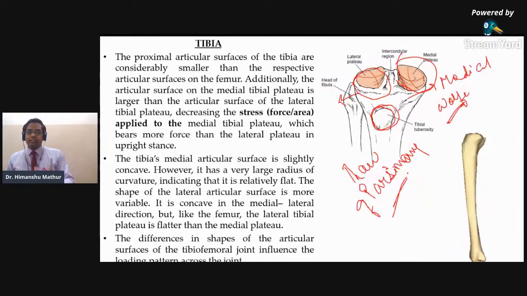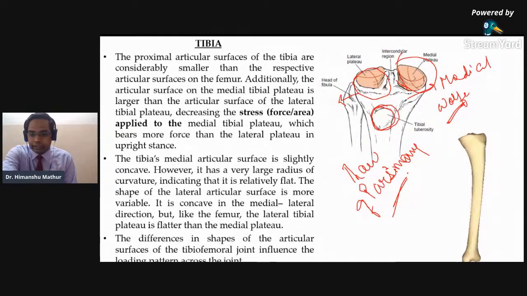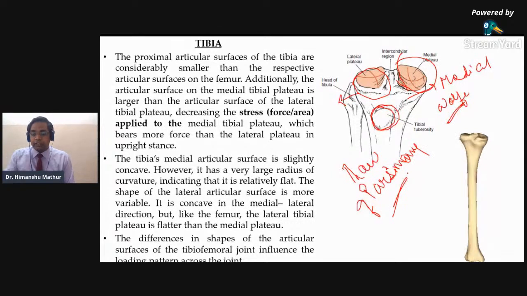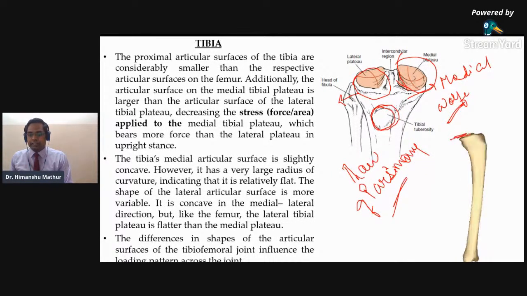Now the tibia's medial articular surface is highly concave, okay, slightly concave, I'm sorry. एक्चुअली मैंने आपसे स्टार्टिंग में भी कहा था, और आप इस पिक्चर में देख भी सकते हैं. If you can see in this picture, the proximal surfaces of both the condyles are pretty much flattened.